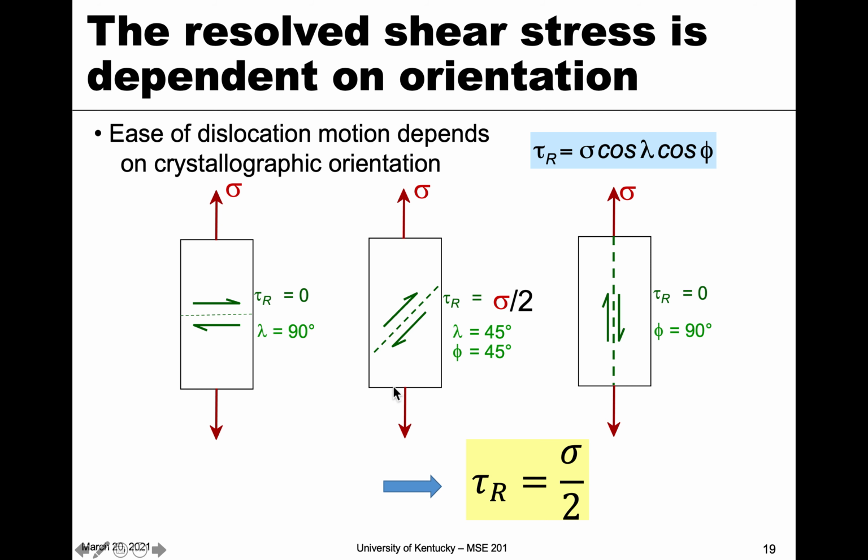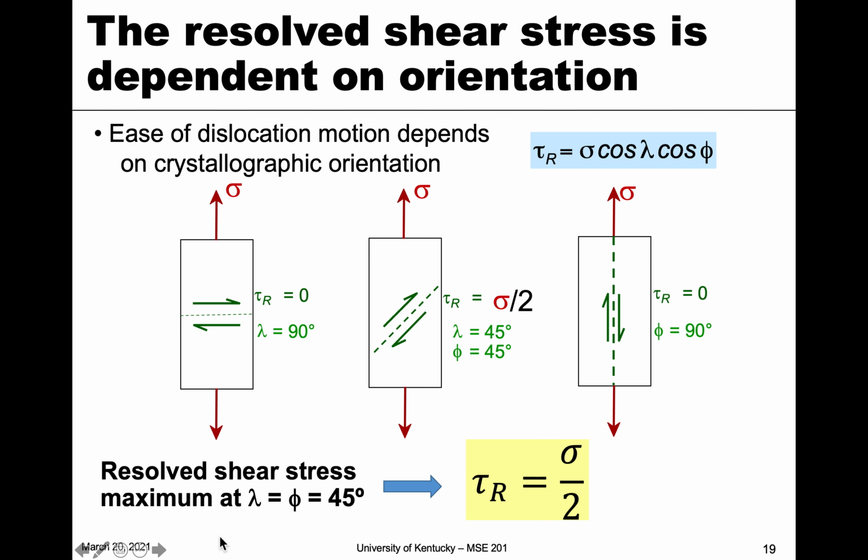However, at any other angle, you will have some component of shear stress, with the maximum being right in the middle. So the resolved shear stress maximum is when those angles equal 45, and that's when you have a value that is the tensile stress divided by 2. That's our maximum.